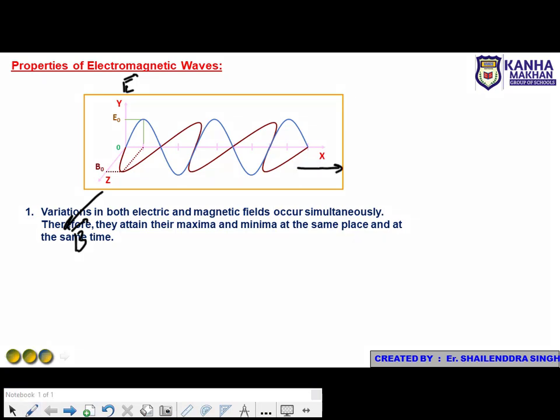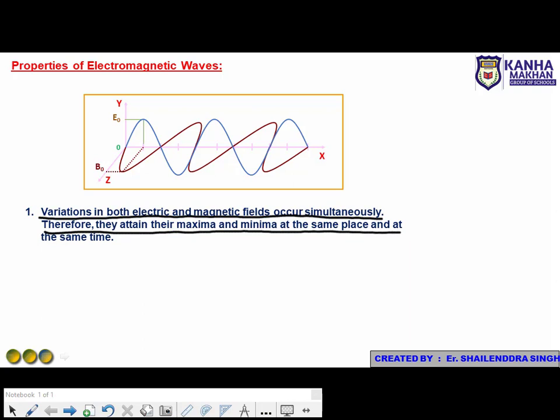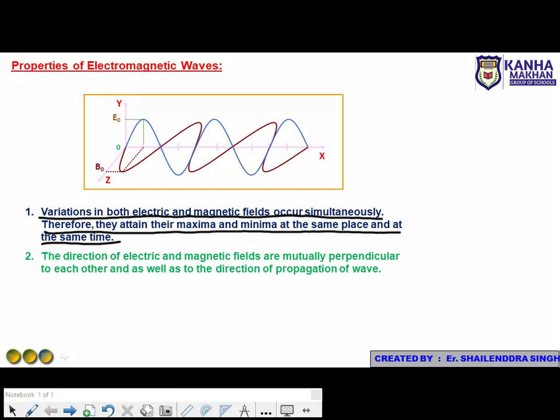And what is the property? First property: the variation in both the electric and magnetic fields occurs simultaneously, therefore they attain their maxima and minima at the same place at the same time. Second property: the directions of the electric and magnetic fields are mutually perpendicular to each other, as well as to the direction of propagation of the wave.